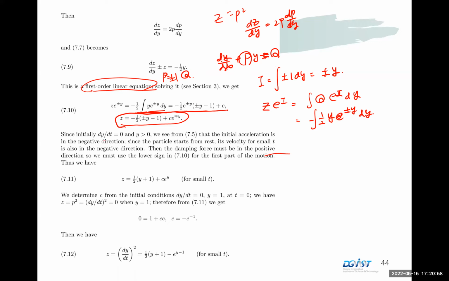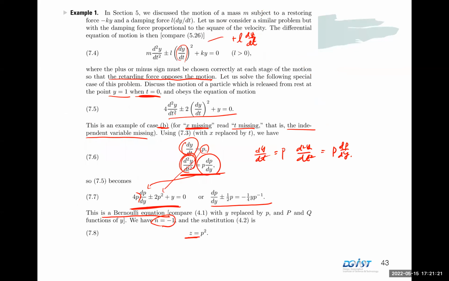And now initially dy/dt is 0 and y is positive, so initially they are at rest, and y is positive.